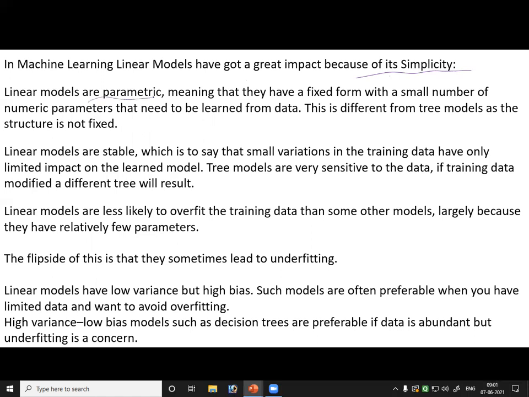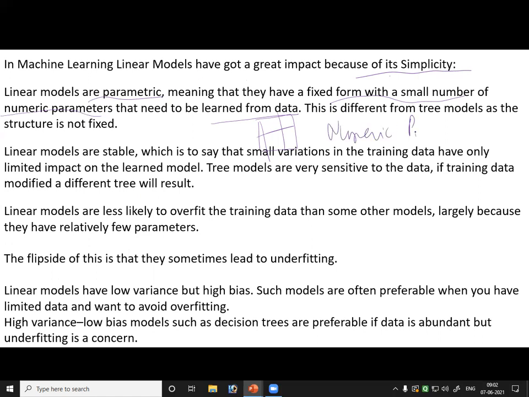Linear models are parametric. Parametric means that they have a fixed form with a small number of numeric parameters that need to be learned from data. So from the data we will be learning some numeric parameters. Numeric parameters are very important.